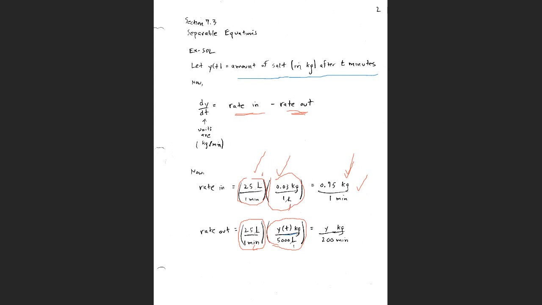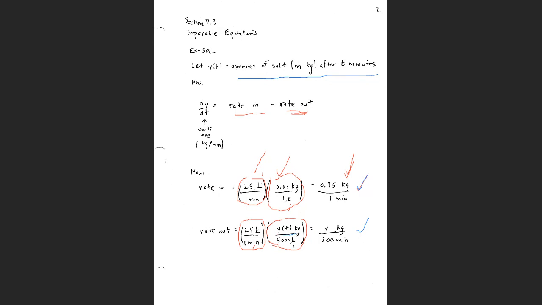Okay, and the rate out is a variable rate. The rate of salt coming in the tank is constant, 0.75 kilograms per minute. But the rate of salt leaving the tank is going to be dependent on the amount of salt in the tank at time t. So you get y kilograms over 200 minutes.